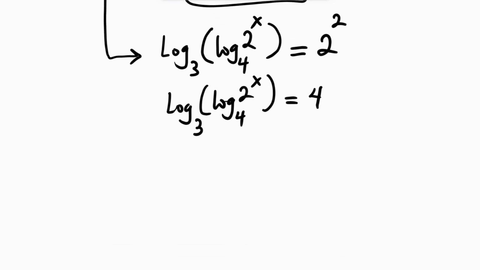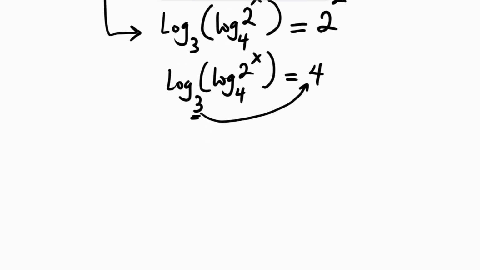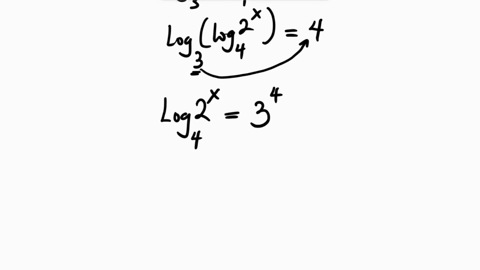Now we're going to do the same thing again like we did earlier as our next step. So 3 pushes this 4 up into the exponent phase, and then the 3 becomes the base. So what we have now becomes log base 4 2 raised to power x equals 3 raised to power 4.